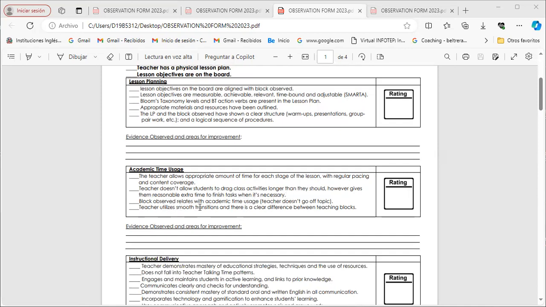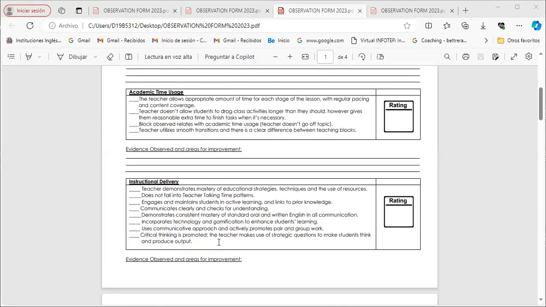The block observed relates with academic time usage. Teacher doesn't go off the topic. Teacher utilizes smooth transitions, and there is a clear difference between the teaching blocks. So you check the criteria observed, and then based on that, you put from 0 to 5. Don't forget to write the evidence observed that made you check the criteria.